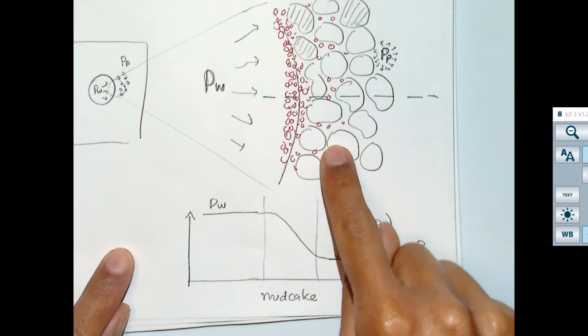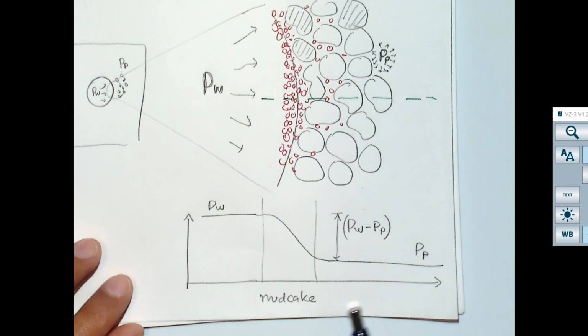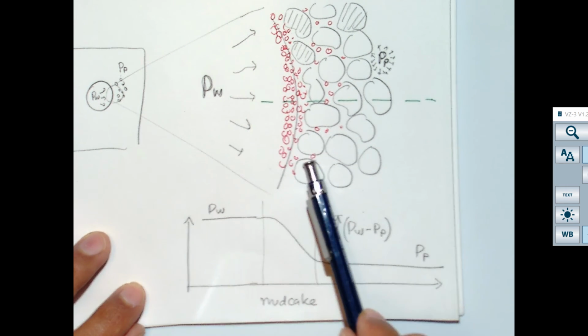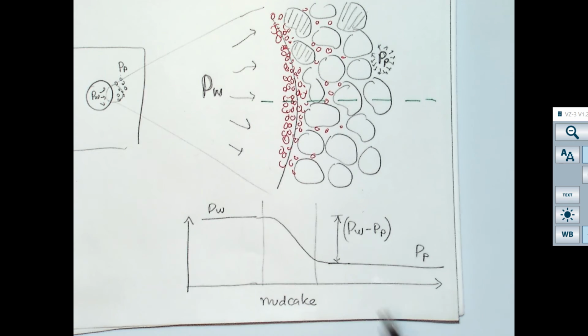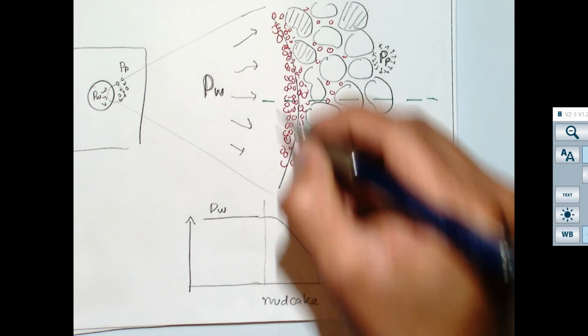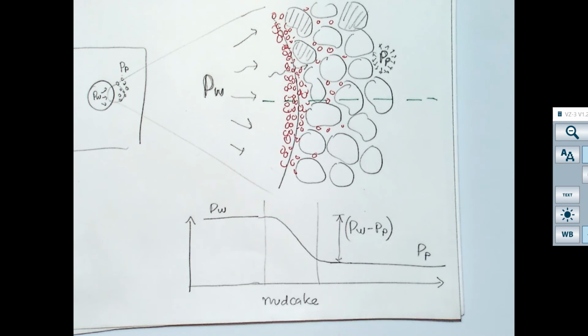The wellbore is very similar, but now you don't have a latex membrane or a heat shrink membrane. Now you have another type of membrane, made of the mudcake. As the fluids try to go in, they drag those particles, and that dragging applies a stress on the wall of the wellbore.